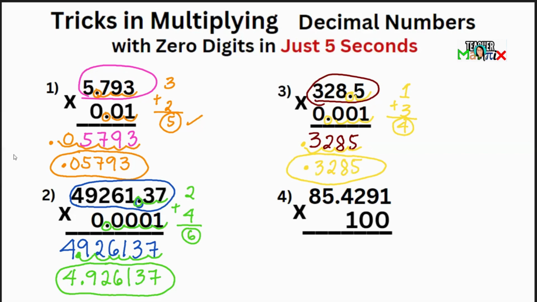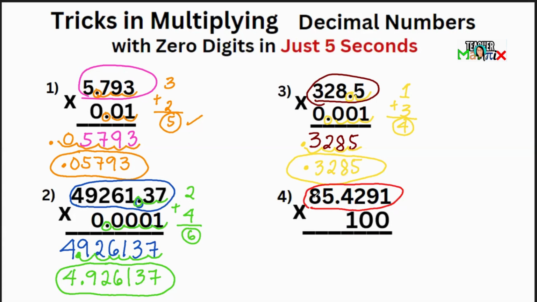And now, sa last number, di ba decimal number? Pero ang pangalawang factor is a whole number. It is not a decimal number. Whole number ito kasi 100 man. Therefore, iba din yung rule.